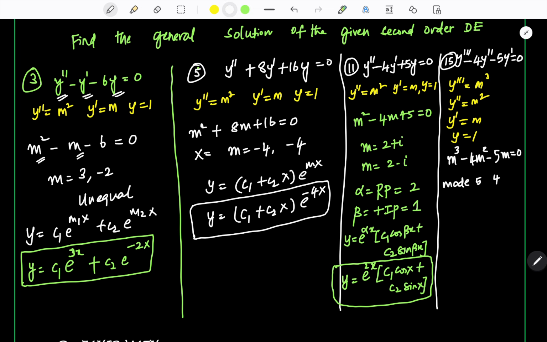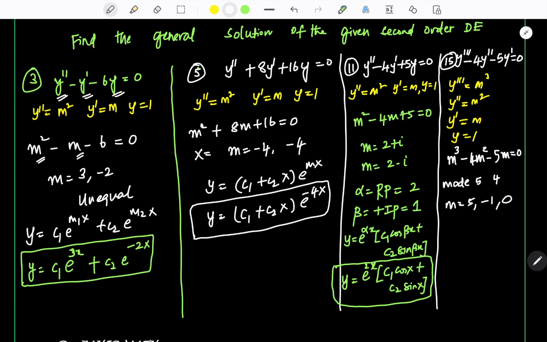If you press number 4, you will get A is 1, B is minus 4, C is minus 5, and there is no constant, so put D is equal to 0. So you get m is equal to 5, minus 1, and 0.